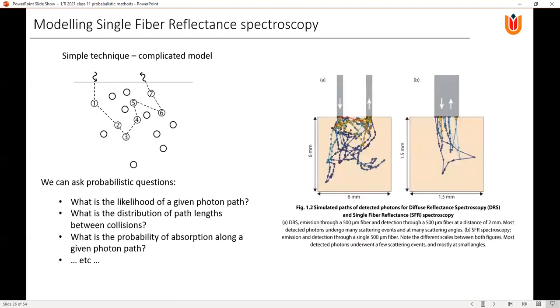Okay. This is how the geometry would look like. On the left-hand side, you have 2 fibers, one that injects light into the tissue, the other one that picks it up. What we are trying to model here today is the situation in figure B, where there is only one fiber that injects light and also collects light.